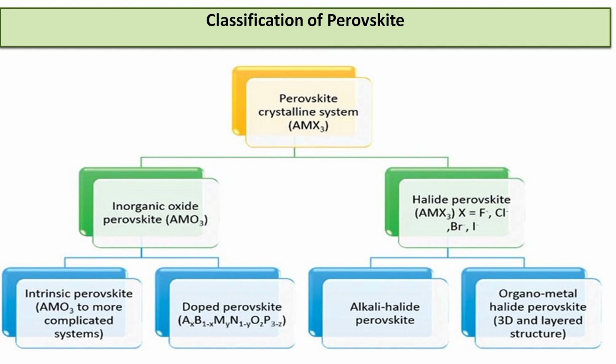So for that reason we are just focusing on halide perovskites, that is AMX3. They are then classified into alkali halide perovskites and organometal halide perovskites.